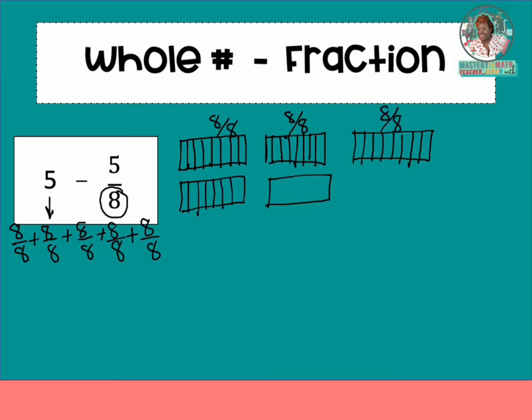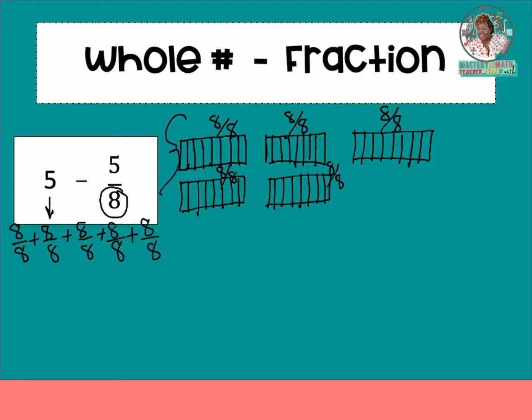So I'm just breaking up my bar models, and I have one more, breaking it up into 8 parts. I hope this is making sense to you. And this is why I like to draw pictures, because pictures help a whole lot.